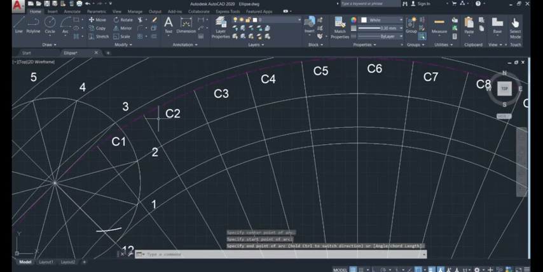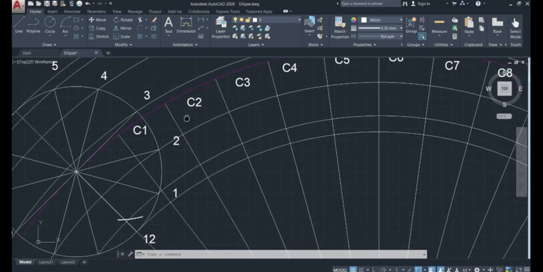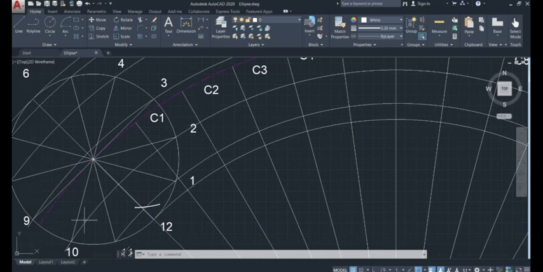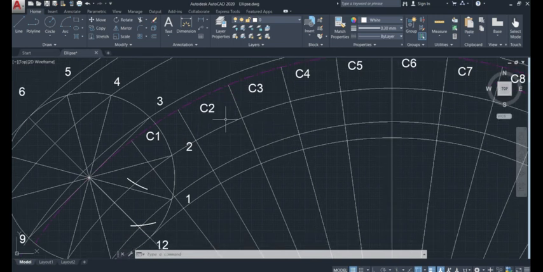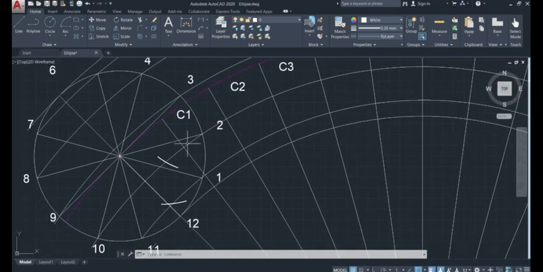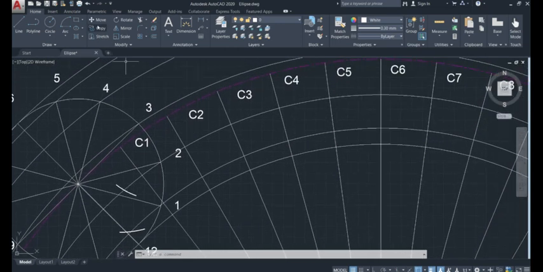Next we have to draw an arc with the center C2 with the same radius 20 mm, which intersects the arc which is passing through 10 and 2 here, the second arc. Next we have to draw another arc with the center C3 with the same radius of 20 mm, which intersects the arc passing through 9 and 3, third arc.